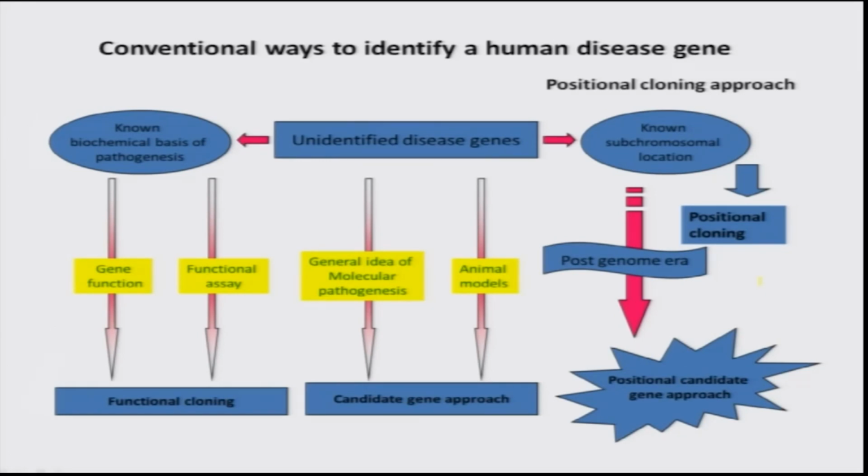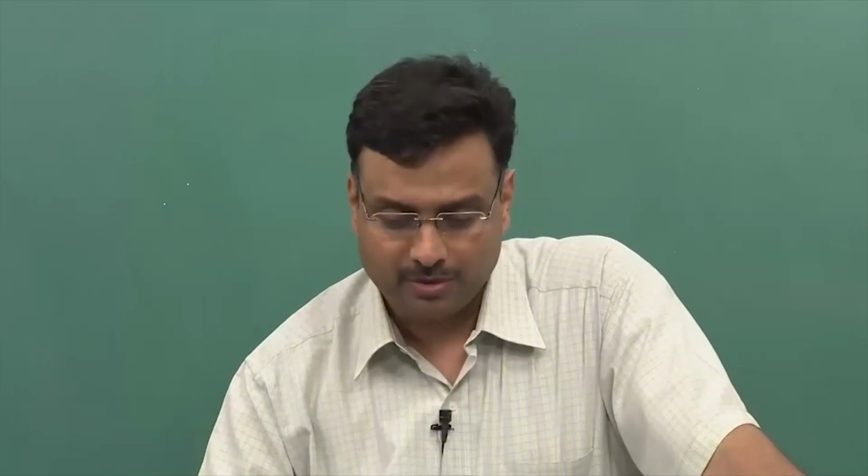You only look at a region of chromosome that is likely to be contributing to the disease phenotype, and then look at what genes are there, and then look at what variation there results in the disease condition. So that is called the positional cloning approach.